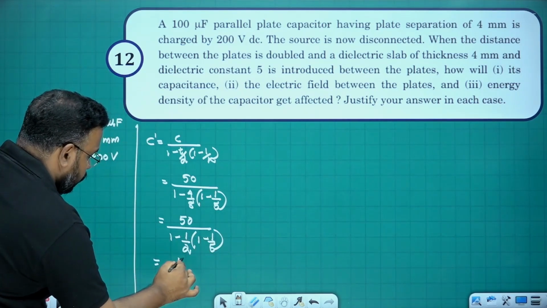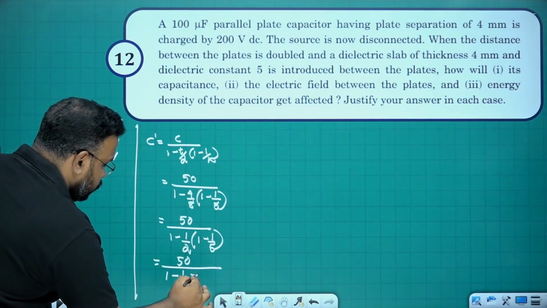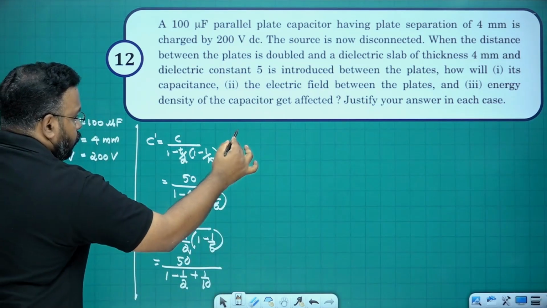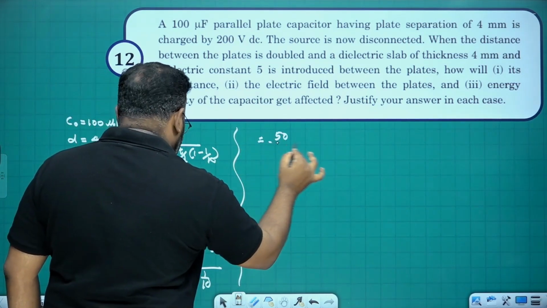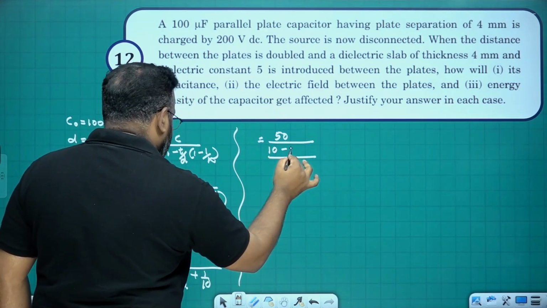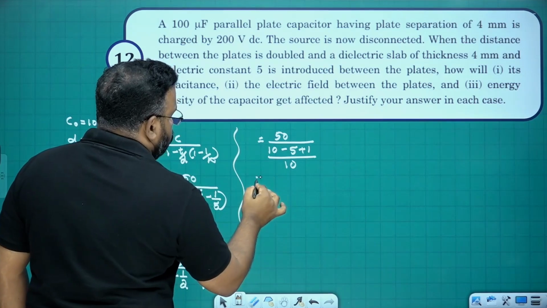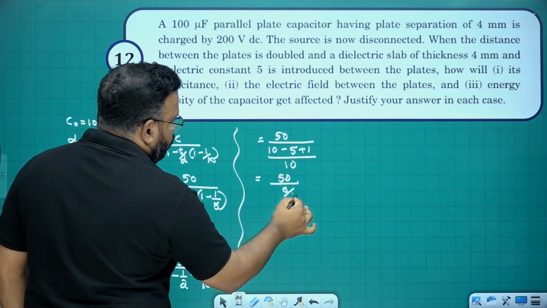So we get 50 divided by 1 minus 1 by 2 plus 1 by 10. Solving, we take 10 as LCM, so you get 10 minus 5 plus 1, so that is 50 divided by 6 by 10.